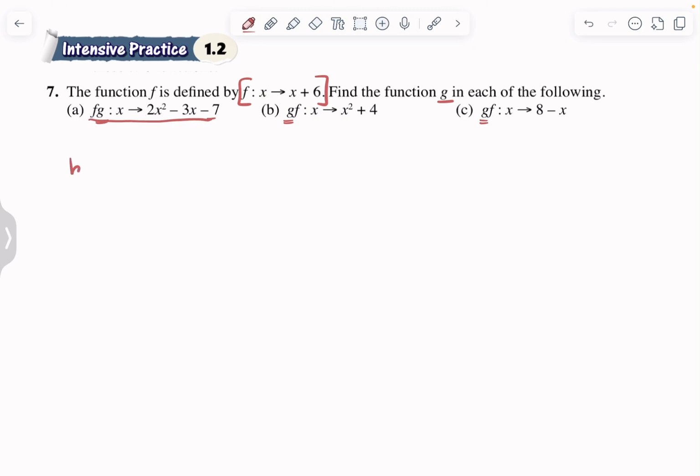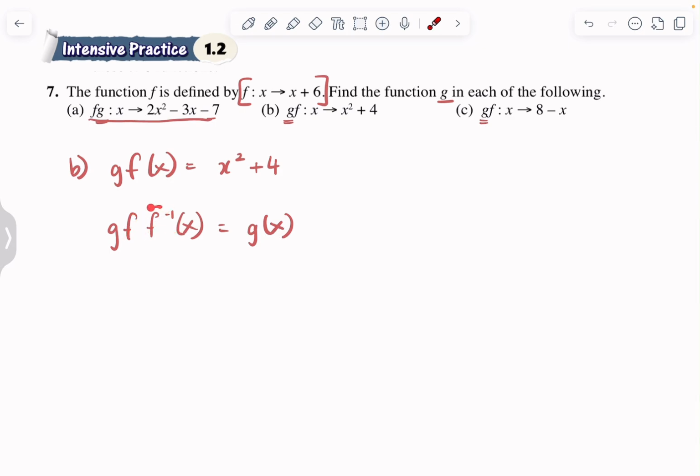Okay, so let's see. g(f(x)) is given to be x squared plus 4. If you just want g, that means you have to get rid of the f(x). To get rid of the f(x), you have to apply f inverse here, because f and f inverse will cancel off each other.